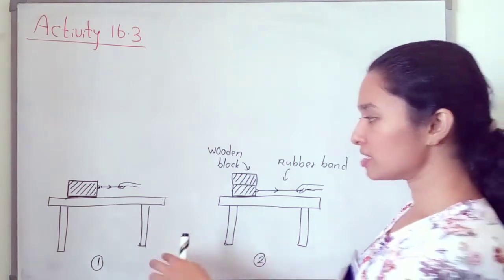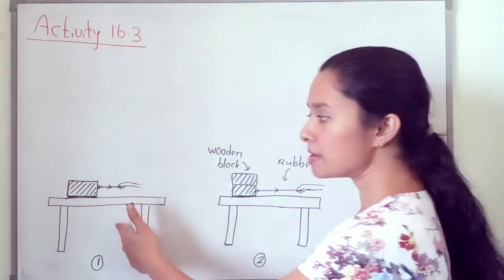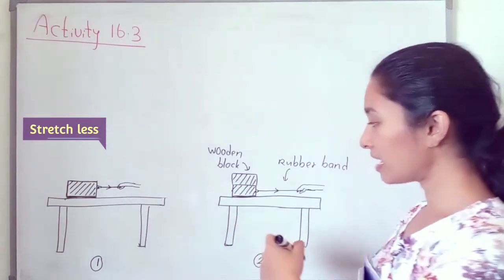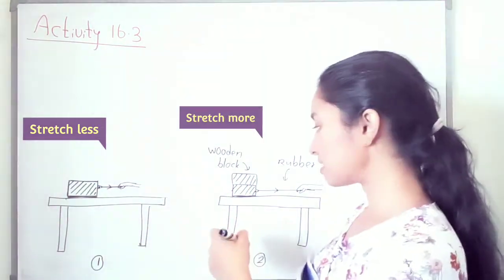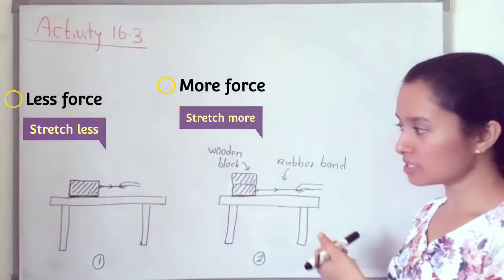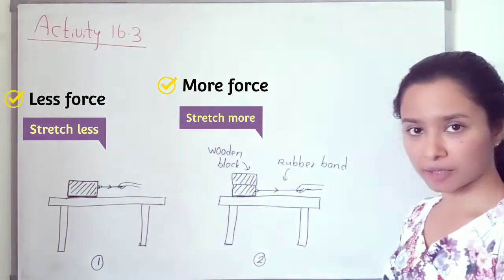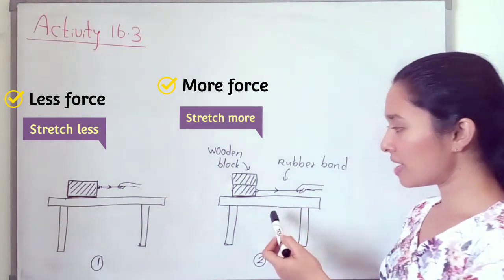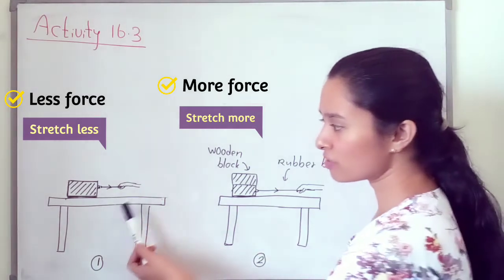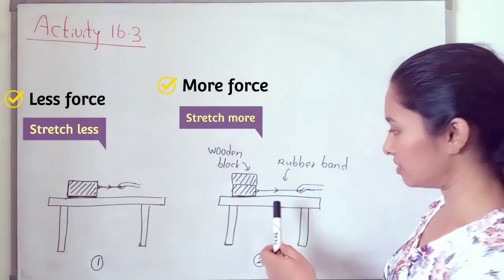So here in the first time, the rubber band is stretched less than the second time. In the second time, we have to apply more force than the first time. Here the rubber band is stretched more than the first time. You can measure it.